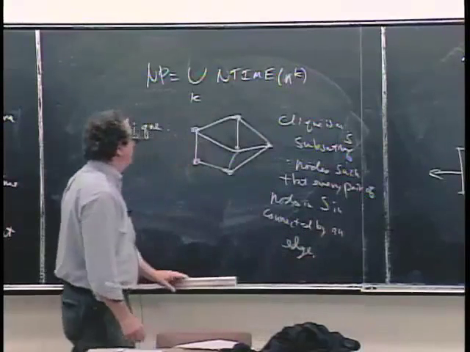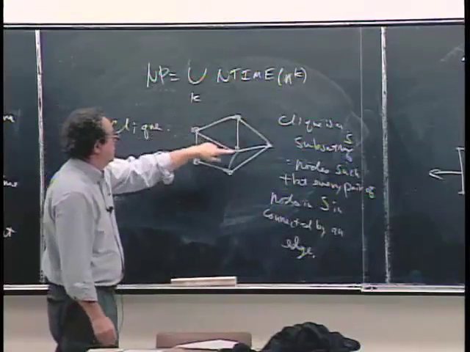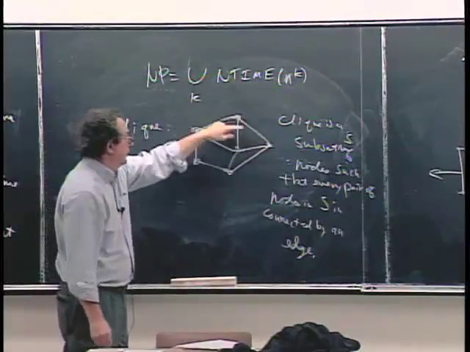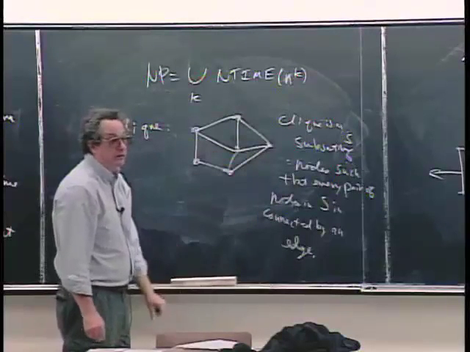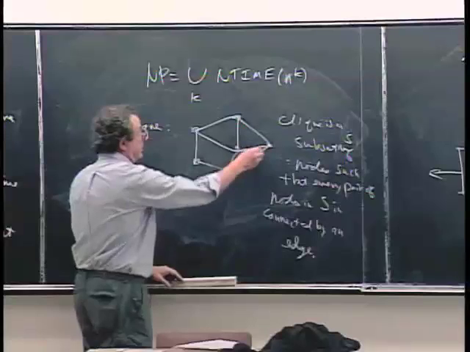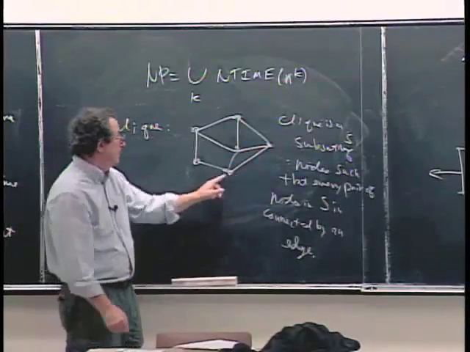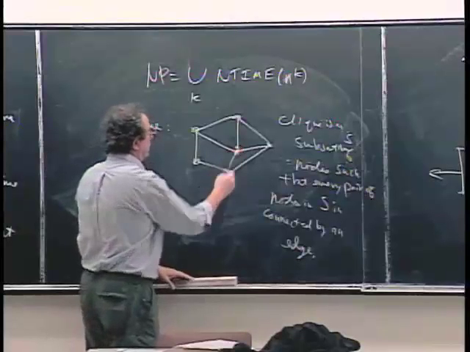Okay. So in this particular graph, these three are a clique, these three are a clique, these three are a clique. This pair is a clique. Actually, this pair is also a clique. It's not the largest clique that one is contained in, but it is a clique.